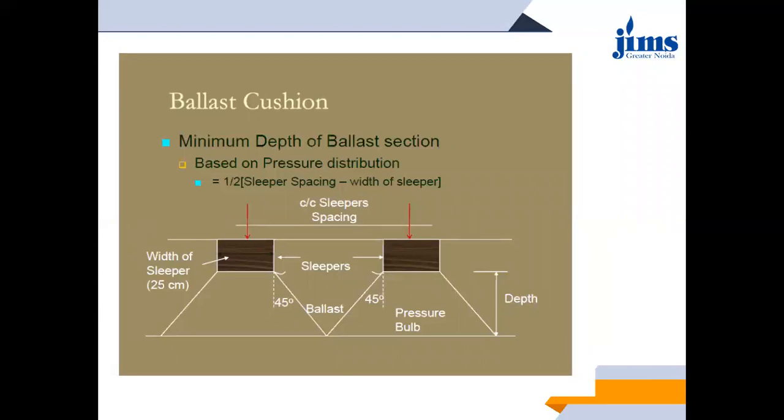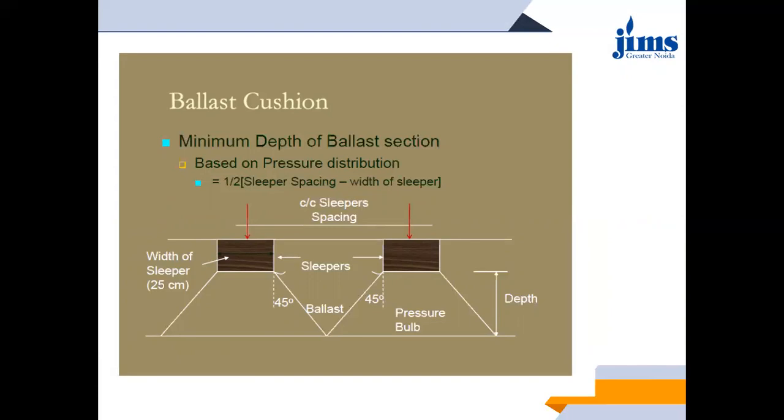There was a certain depth up to which the overlapping of the tire pressure or the load due to both the tires was taking place. So up to where the overlapping occurred, plus up to where the load subsides, we considered that depth. Similarly, based on the pressure distribution, over here also the minimum depth of ballast section is calculated. So how is the minimum depth of ballast section calculated?